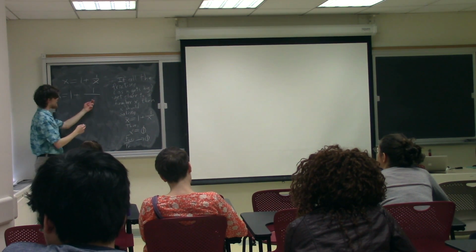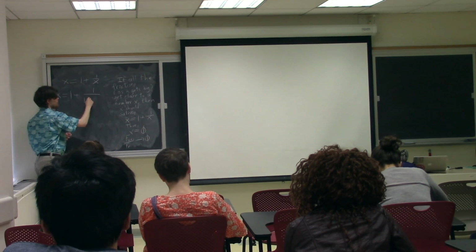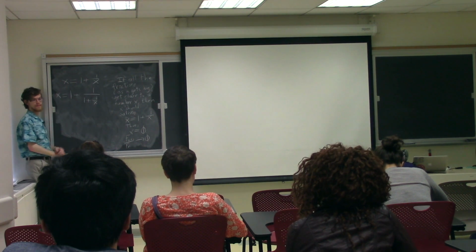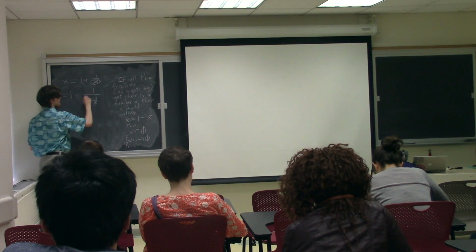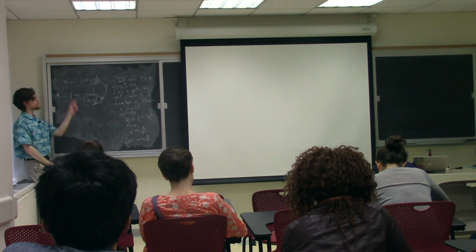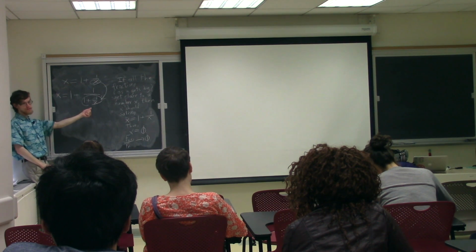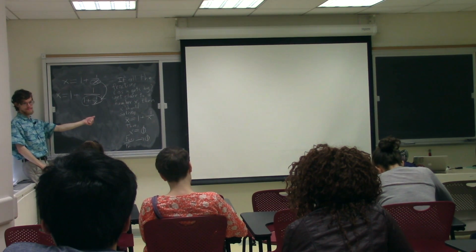Okay, so I had x here, but now I'm replacing it with this thing. I get 1 plus 1 over x. Okay, because this and this, they're the same by our first equation. Really tricky. This looks like a continued fraction expansion.